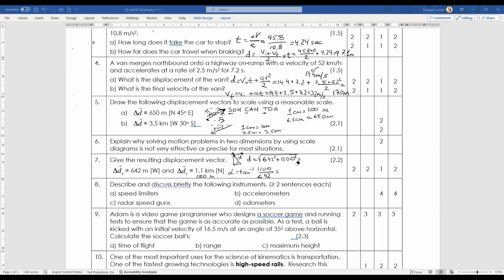When you put it in your calculator to get the hypotenuse, you put square root of 642 squared plus 1100 squared, and it should give you 1274. I can round to a whole number.